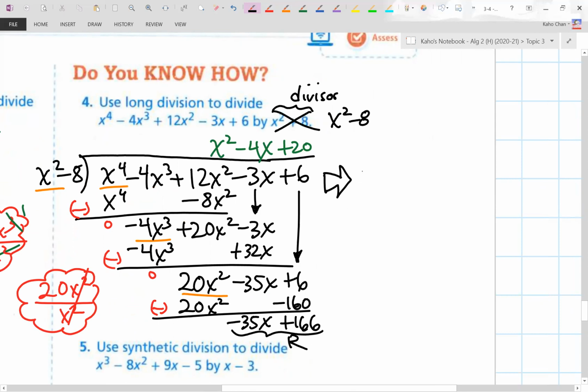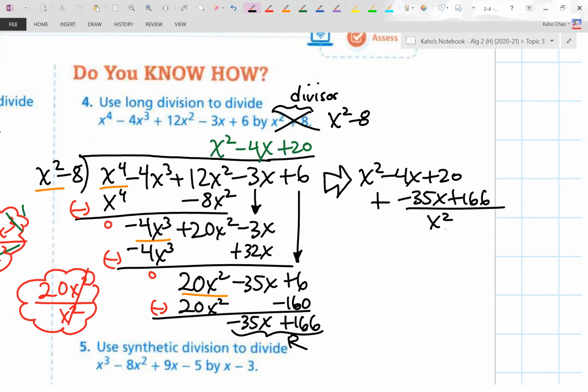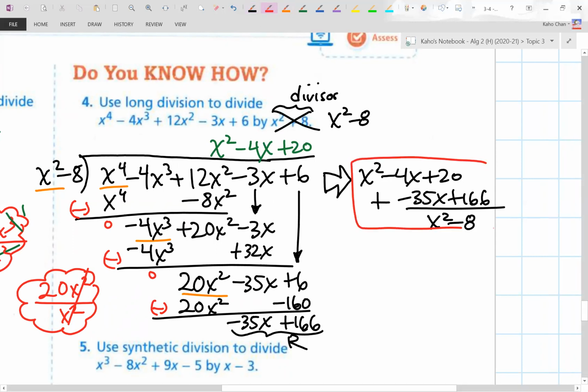So the final answer is the quotient, x squared minus 4x plus 20, plus the remainder, negative 35x plus 166, divided by the original divisor, x squared minus 8. This is the answer that we got for a problem we just did where I made a mistake with the divisor early on.